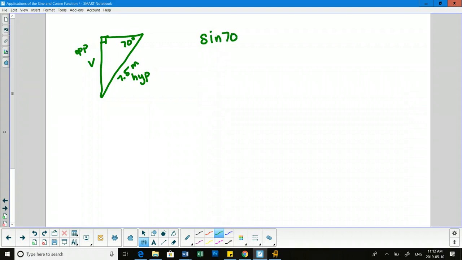So sine of 70 is opposite, which is V, over hypotenuse, and then we're going to calculate what that vertical height is. So just type that quickly into your calculators. We'll see what we get.